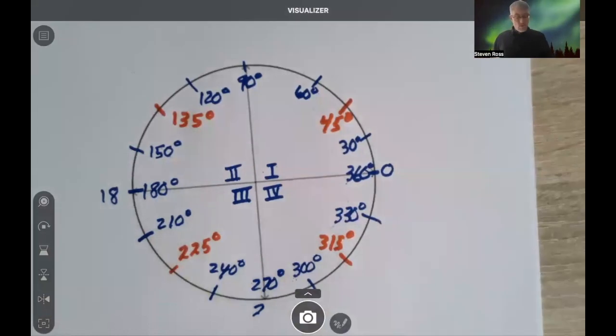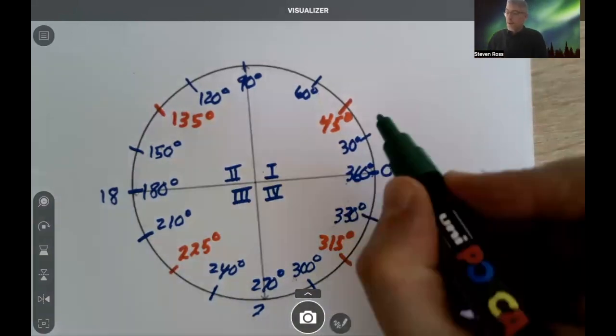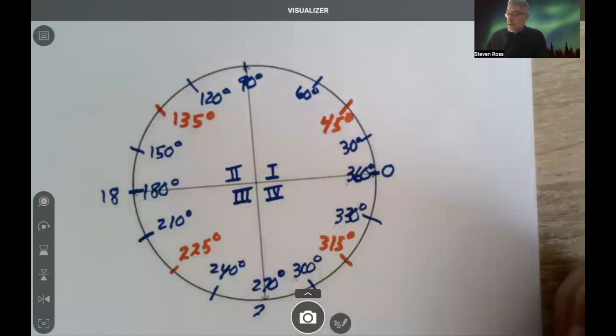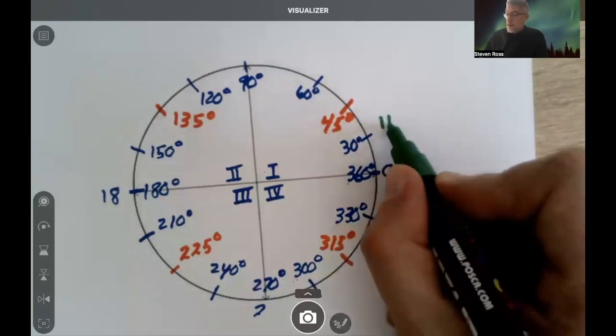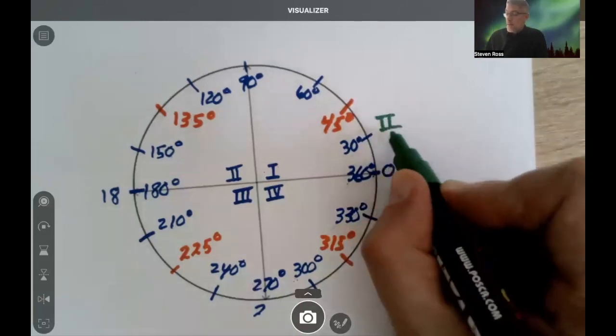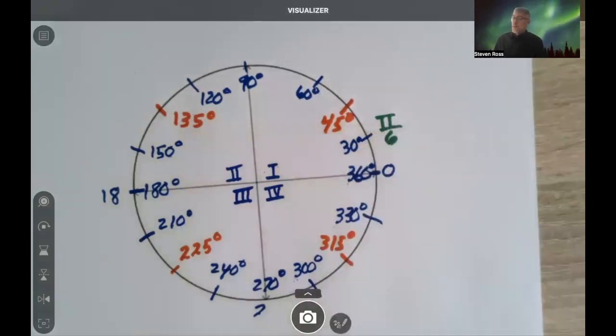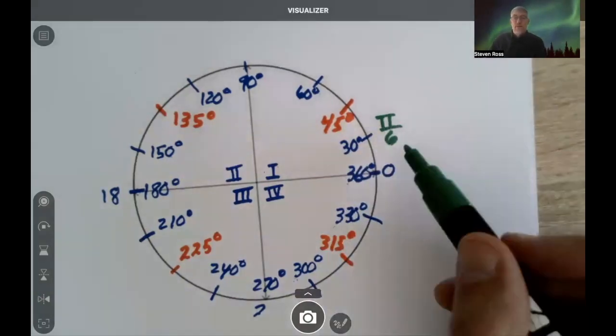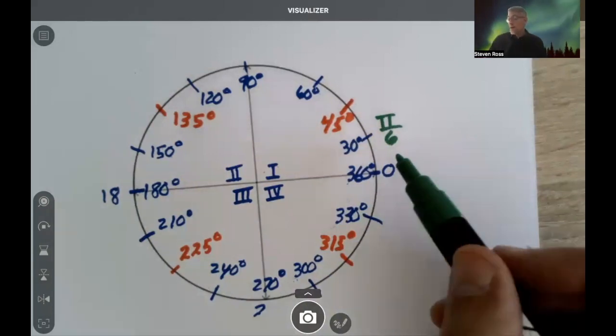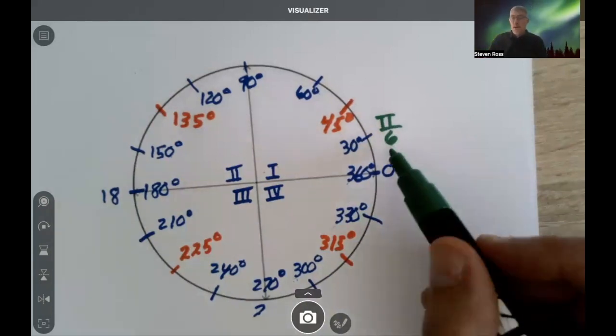All right, so now I'm going to switch gears and we'll talk about radians as we go around the circle. I'm going to start by counting off pi over 6s because I know that pi over 6 is a 30-degree angle.